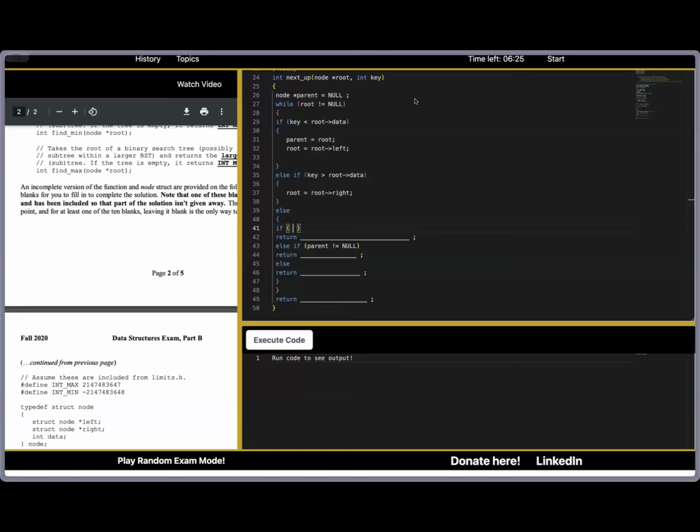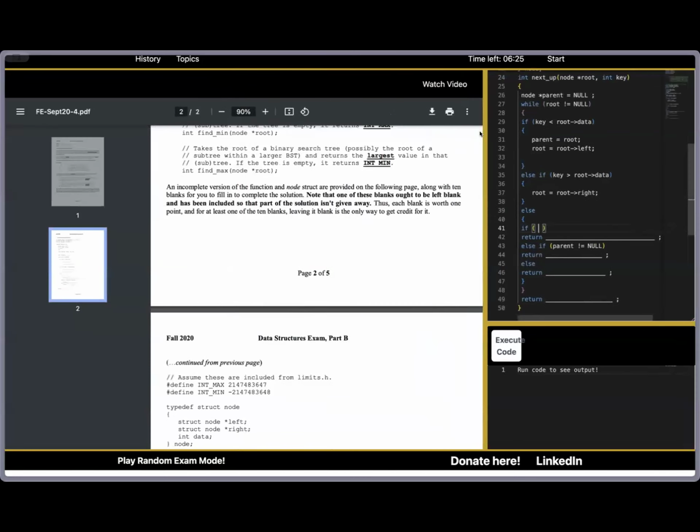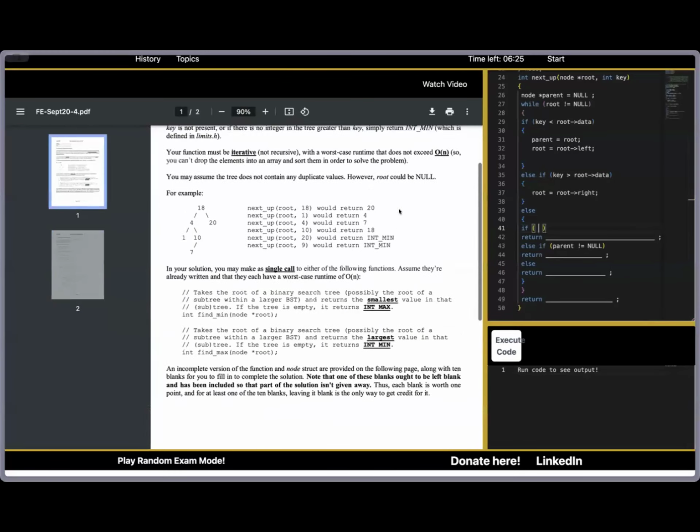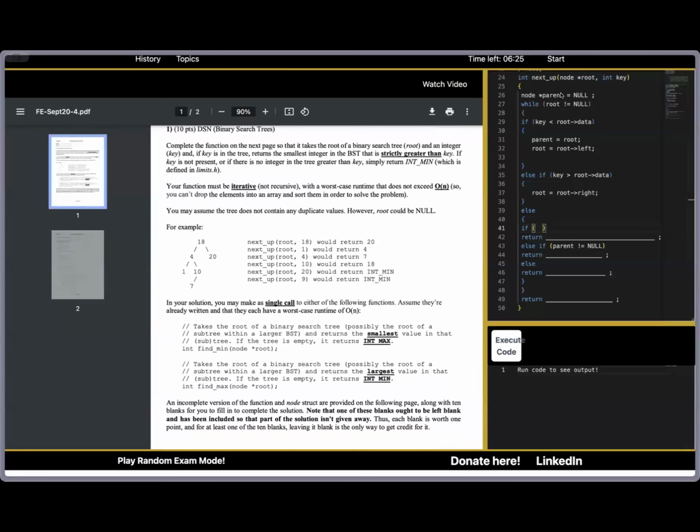Can we see the question? Okay. That is equal to key. Not necessarily. If what else it's equal.